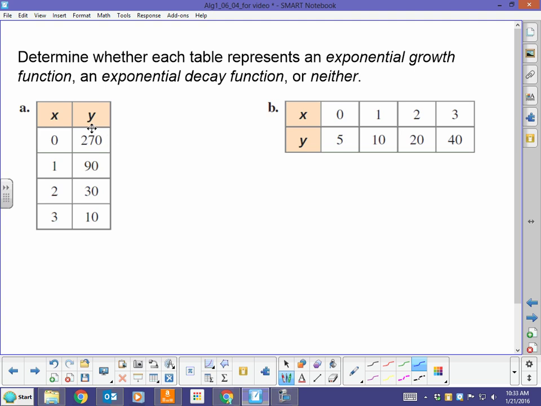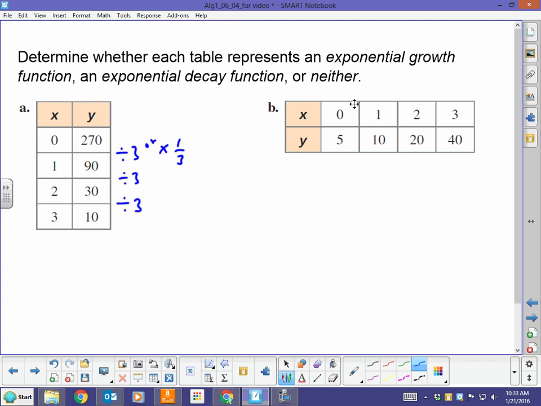So what's happening here for A, 270 to 90 to 30 to 10? Divide by 3. Or I could say multiply by 1/3, either way. Divide by 3, divide by 3. So this has this common factor here. So this is exponential decay because it's actually getting smaller.